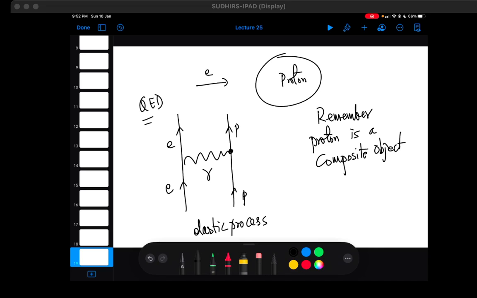Since it's a composite object, it will be smeared by a function, some form factor f of q squared, multiplying the electric charge combination. So the vertex here would be something like i e gamma mu times the form factor f of q squared. Instead of just i gamma mu like in QED, you will also have this form factor sitting here.